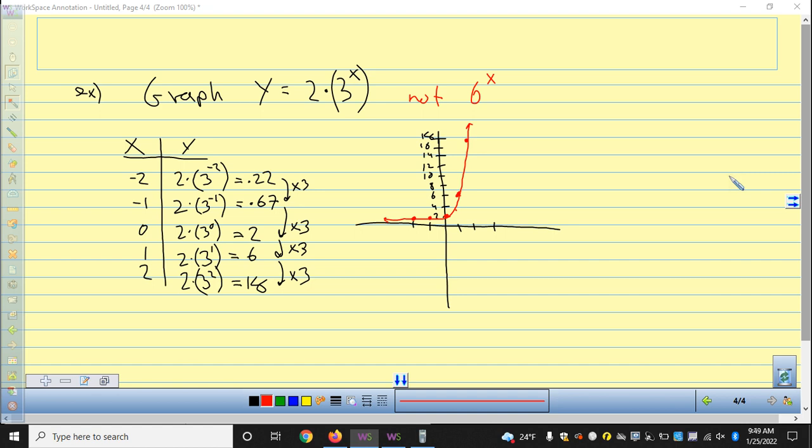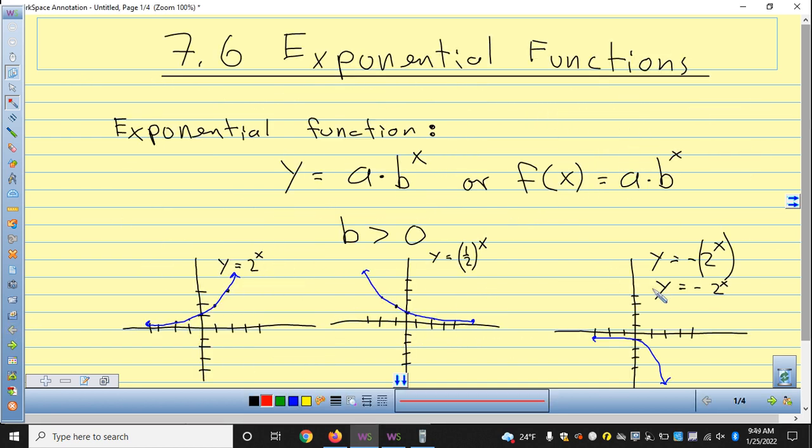All right, so the main thing with the graphing is make sure that you do the exponent first before you multiply. You can put it in your calculator just like this. Your graph should come up looking like this, unless your base is a fraction, and then your graph should come out looking like this. Or if you have a negative in front, it comes out looking like this.